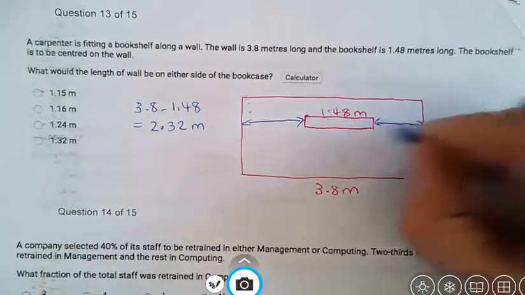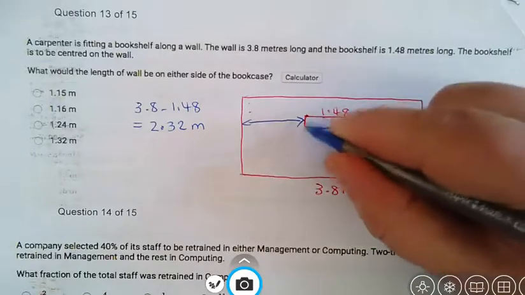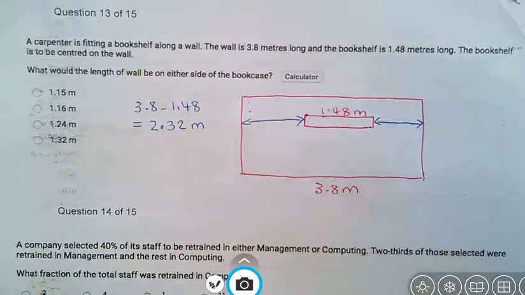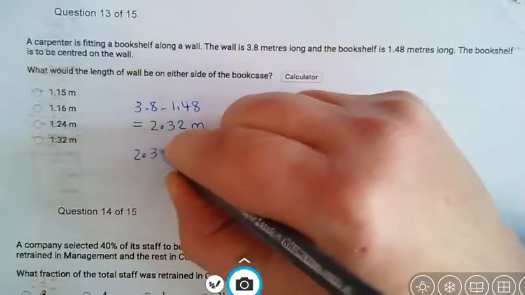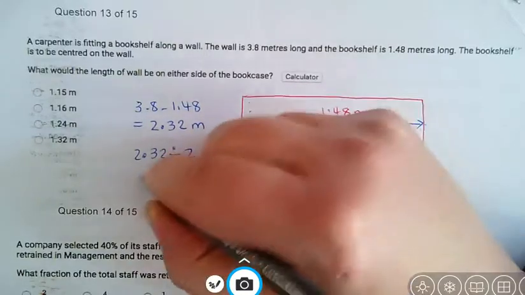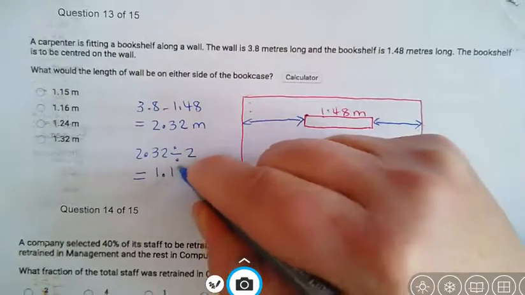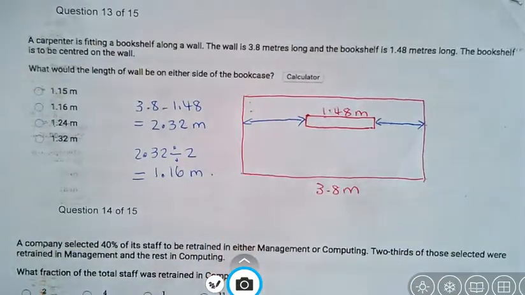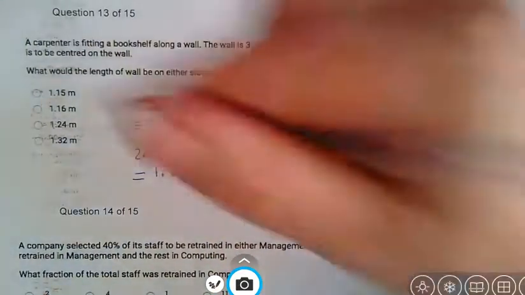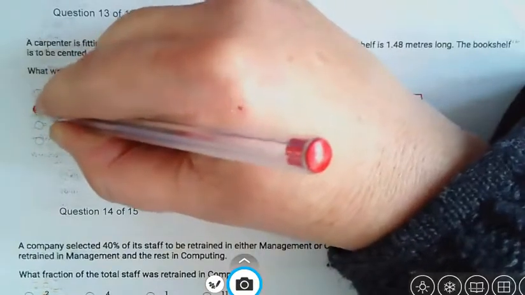So these two are equal sizes because the bookshelf is in the center of the wall. So now I do 2.32 divided by 2, and remember you have a calculator for this, it's 1.16 meters. So the answer here is 1.16 meters.